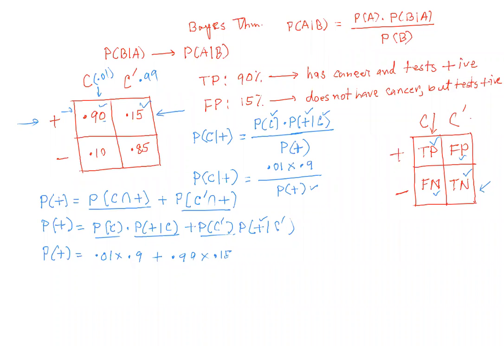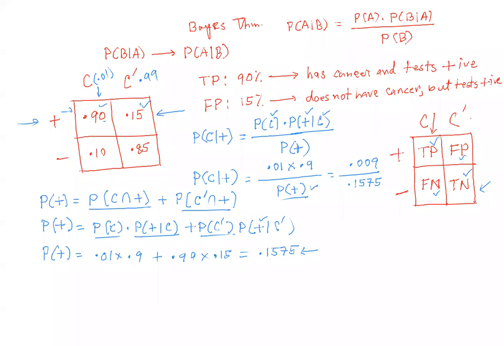If you multiply and add these numbers, you get 0.1575. So this number at the bottom is going to be 0.1575. And on the top, you have 0.009.